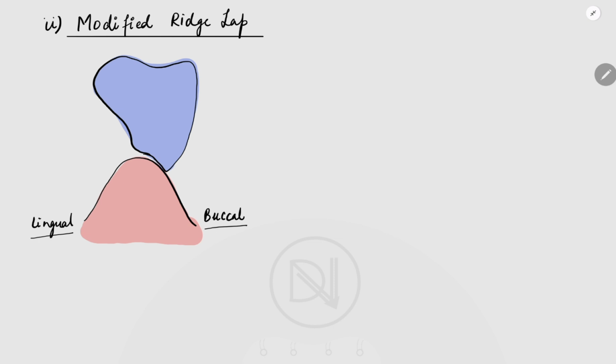Here you can see that the overlapping is done only on the buccal surface, whereas on the lingual surface there is no overlapping, and the portion of the lingual surface is convex, which makes it very easy to clean.